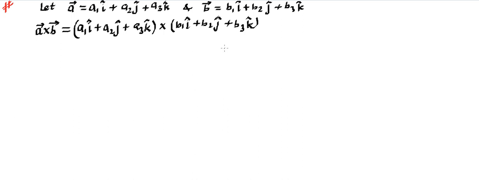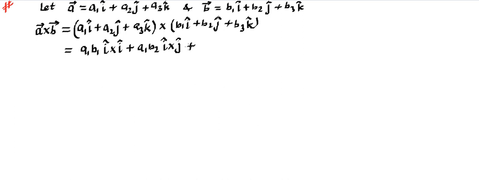Now let's expand this. When we expand this, we are going to get 9 terms, right? So let's expand in this manner. A1 I cap will be cross multiplied with all the terms. When we do the cross multiplication, directions are getting cross multiplied, and numbers will be getting multiplied just like that. So first will be A1 B1, and it will have I cap cross I cap. Then this A1 I cap has to be multiplied with this B2 j cap, so it will result in A1 B2 I cap cross j cap.